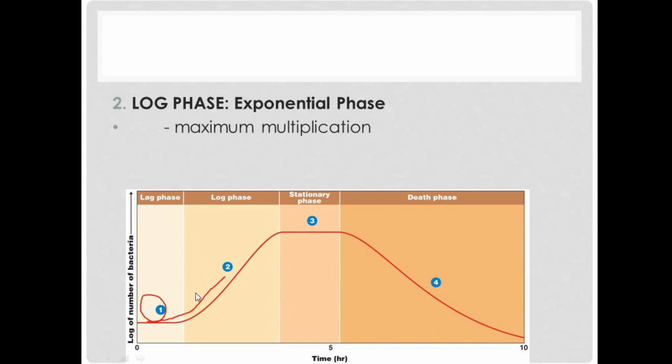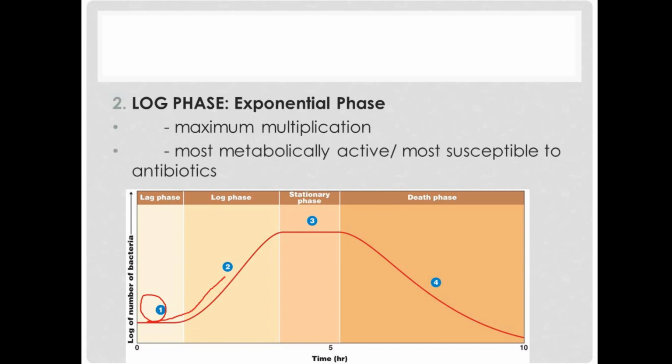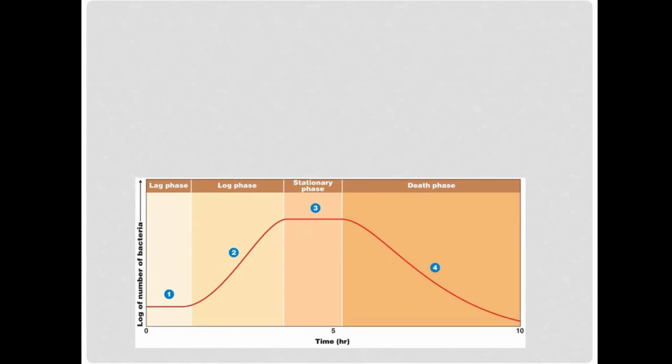Marami na sila, and because they have a lot of energy to multiply, sa log phase dito na sila nagmo-multiply. Most metabolically active, most susceptible to antibiotics. Next is your stationary phase.